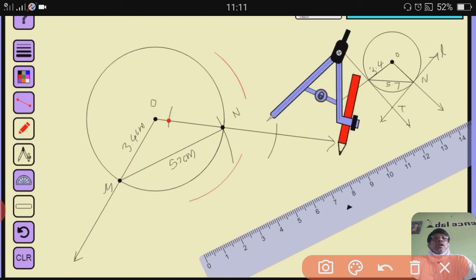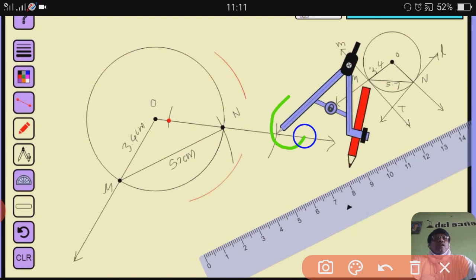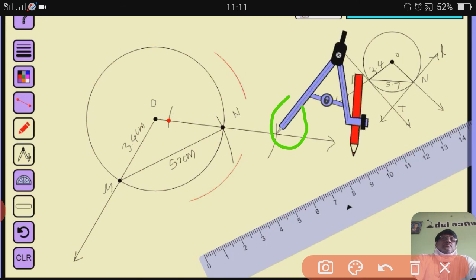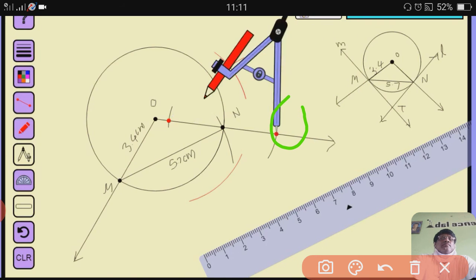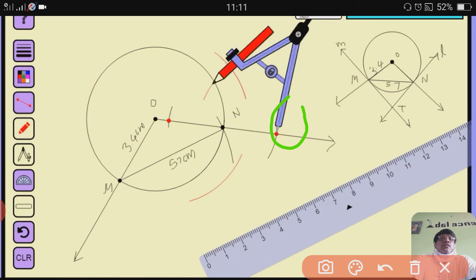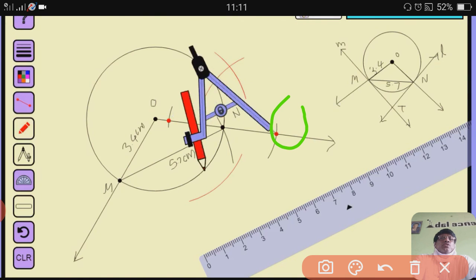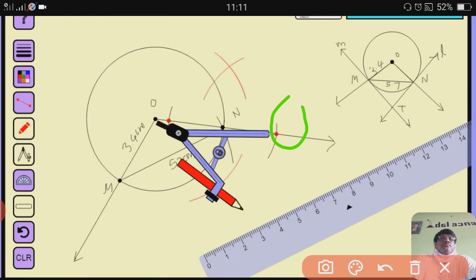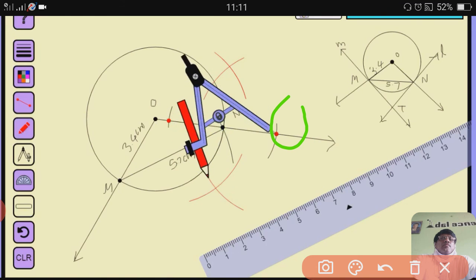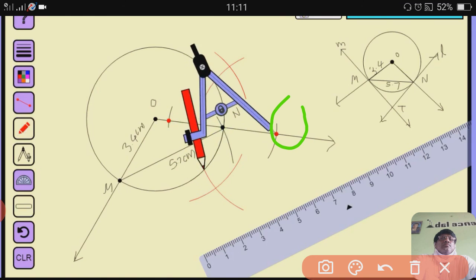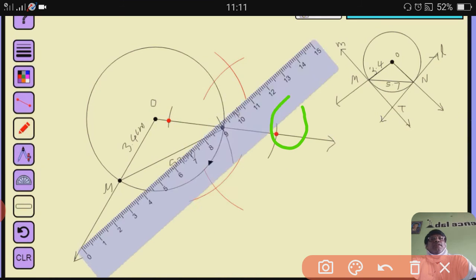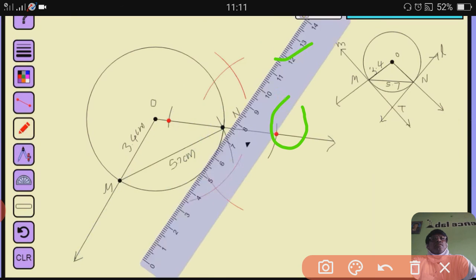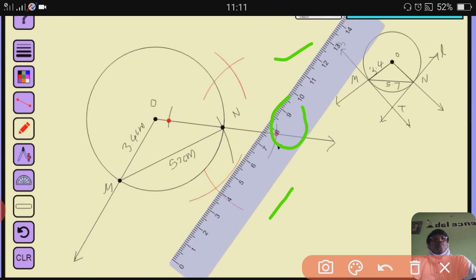Move the steel point outside of the circle and intersect above the ray and below the ray. Join the intersecting points.